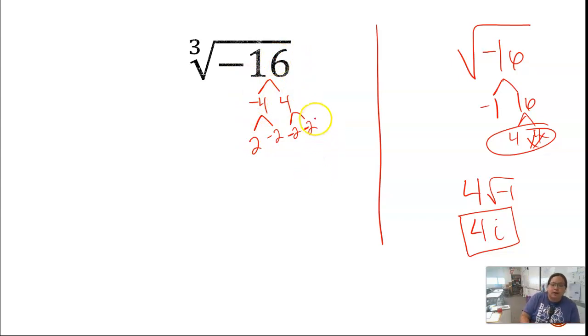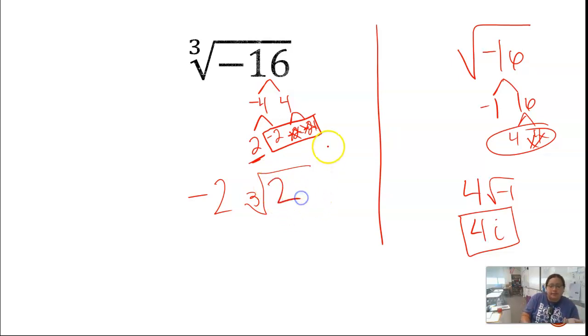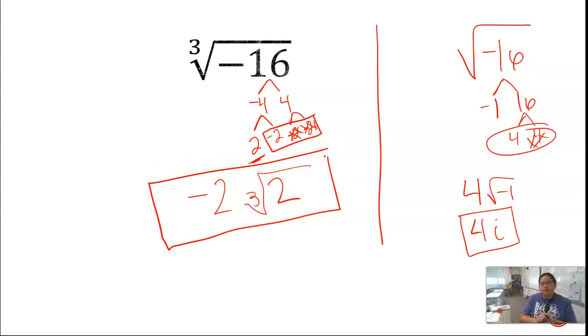So now I can put together breakout buddies of -2's. They break out of prison, they don't want any snitches, so only one makes it out alive. I have -2 cube root, and then this 2 was left behind because it didn't have any breakout buddies. Because we can only have groups of 3. We can't do groups of 4, or you're more likely to get caught. Okay, so our answer here is -2 cube root of 2.